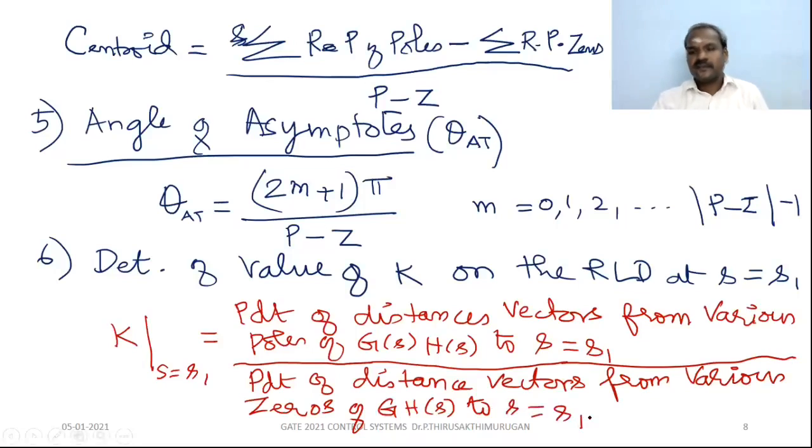Understand? So this is where S1 is the point on the RLD. Or, we can also calculate K from the magnitude condition. How to calculate from the magnitude condition?